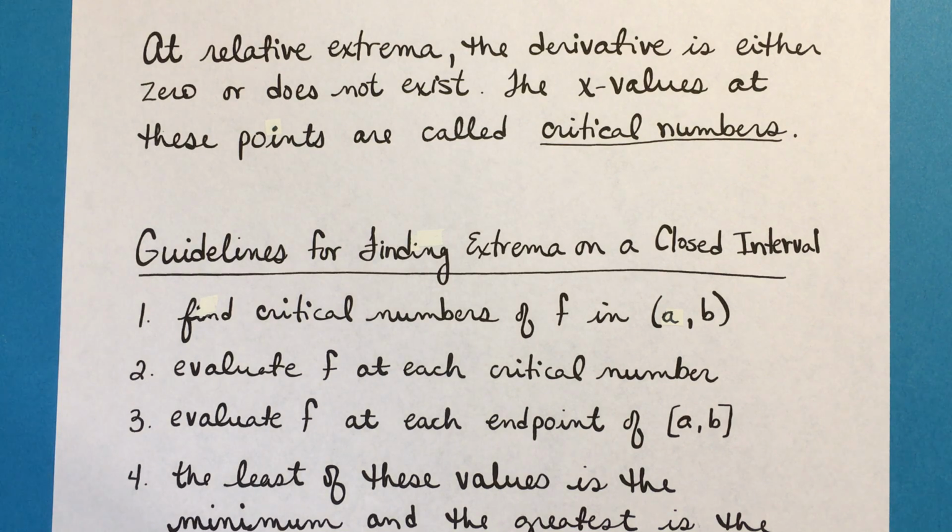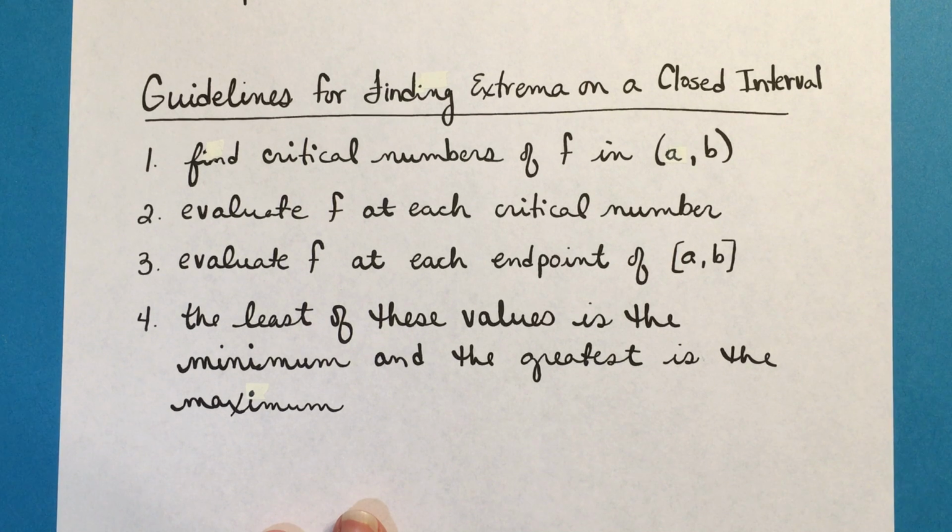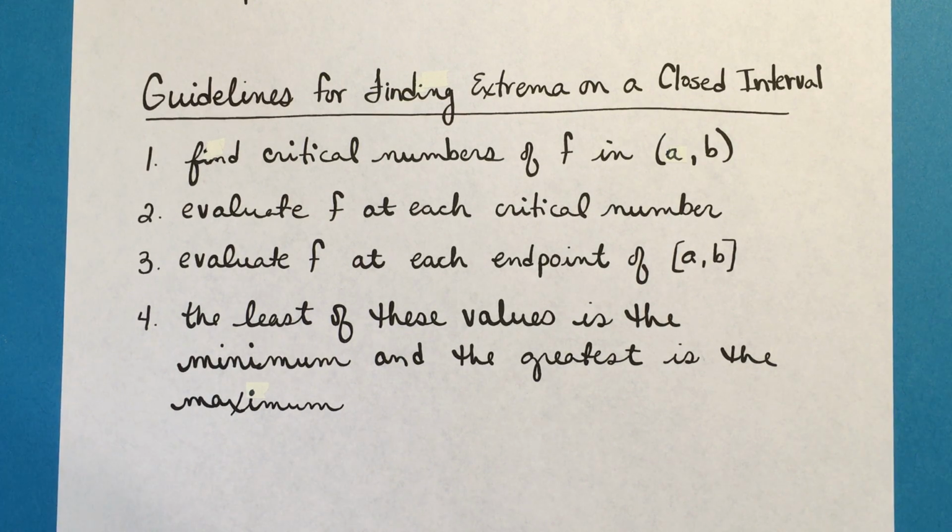Okay, so going back to the idea of closed intervals that we talked about earlier, these are the steps you're going to go through in order to locate your extremum. Step 1 is to find the critical numbers of the function in the open interval from a to b, which means you're not going to worry about the endpoints.